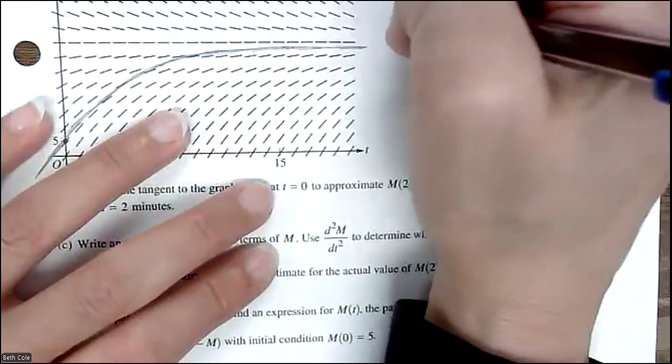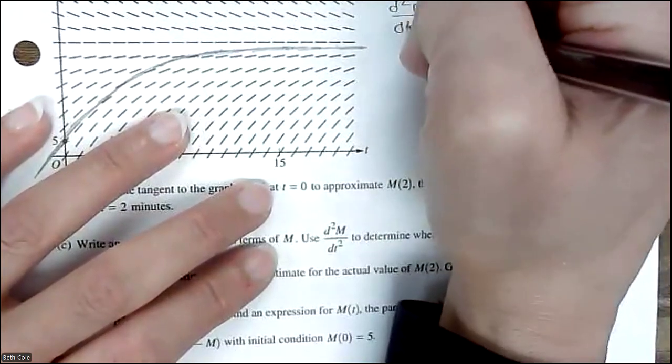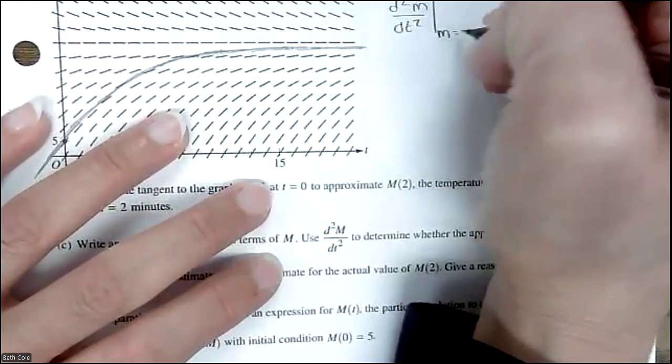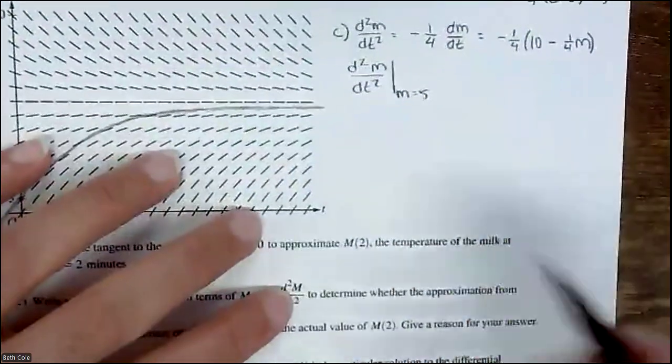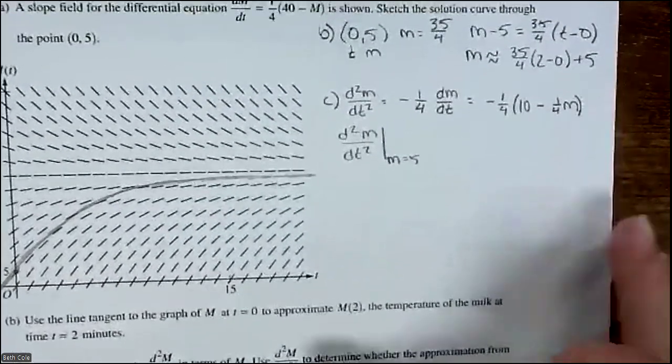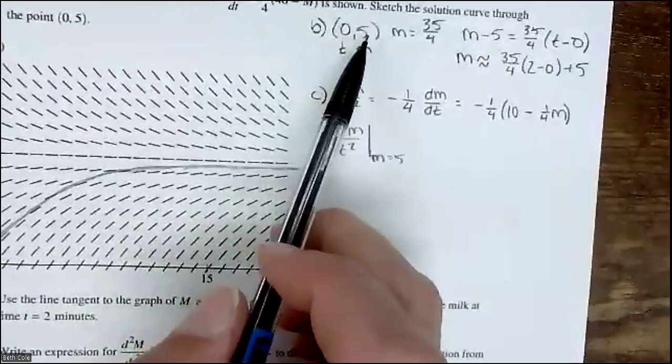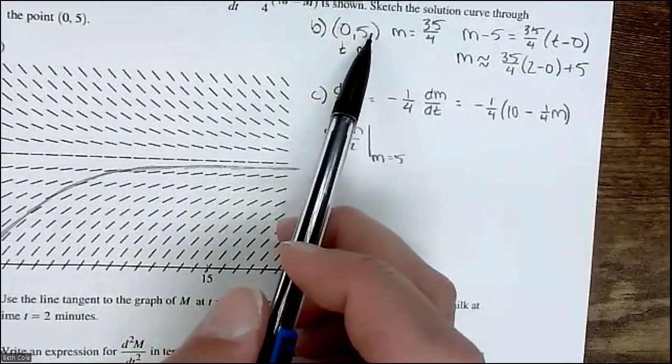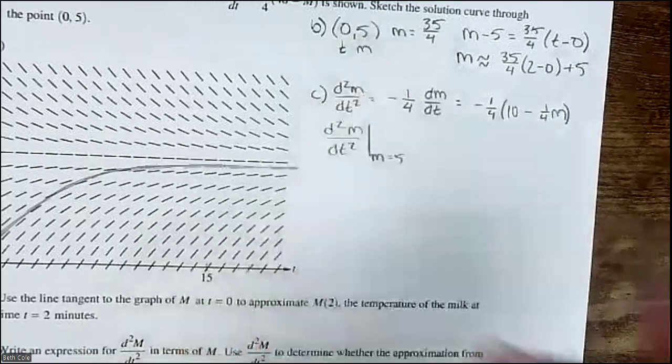So we want to find our second derivative at m equals 5. Why would I want to find that such that m is 5? Why 5? That's where it was, right? That's the point of tangency that we're talking about, when m is 5.